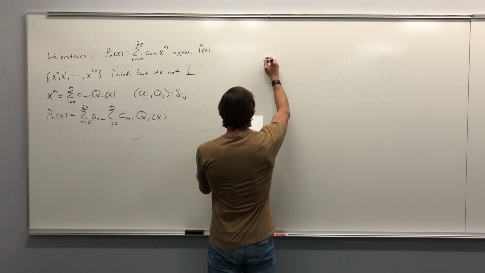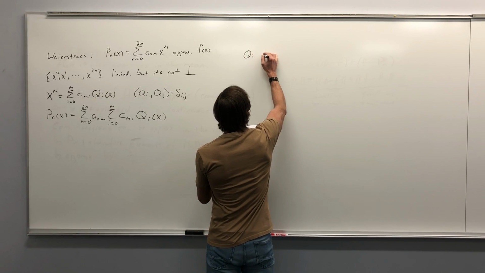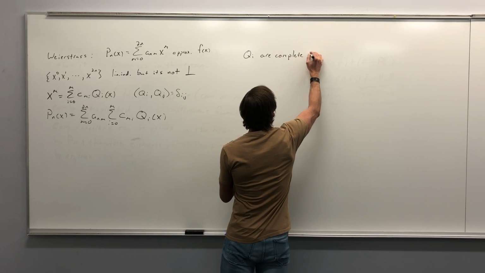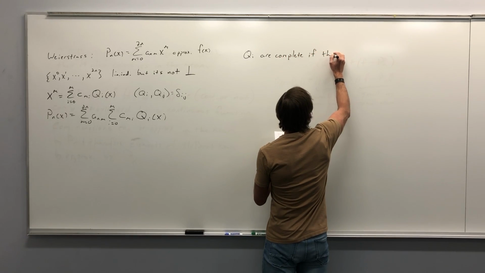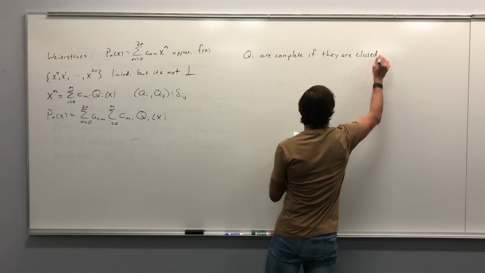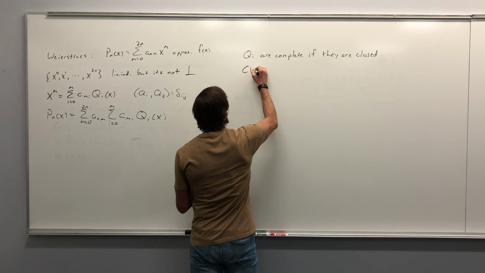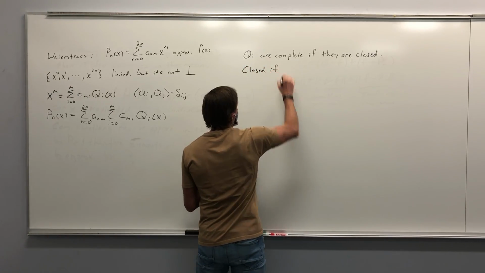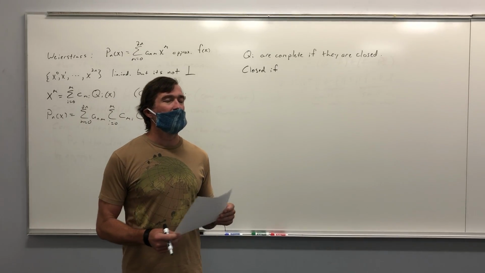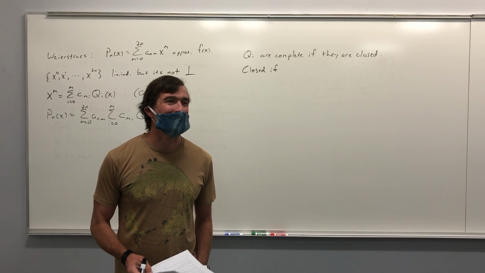If they are closed, hold on, okay, so the q_i are complete if they are closed. Okay? And they are closed if, how many of you remember the condition that must be satisfied in order for a set to be closed?